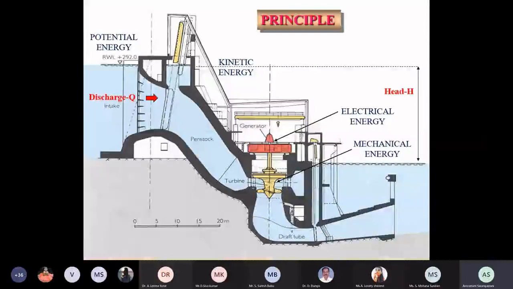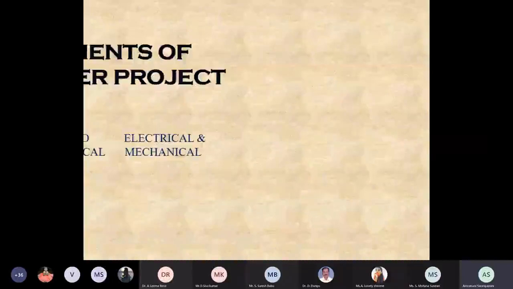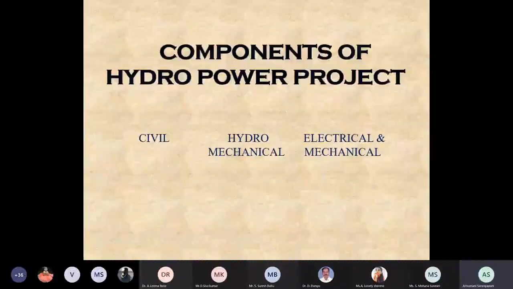Now the other thing was, what are the components of hydro projects? Mostly we divide them into three categories: civil, hydromechanical, and electromechanical. Civil means dam, tunnel, penstock support, power structures, tunneling, canal preparation, slope protection, and excavation. Everything will come under civil.